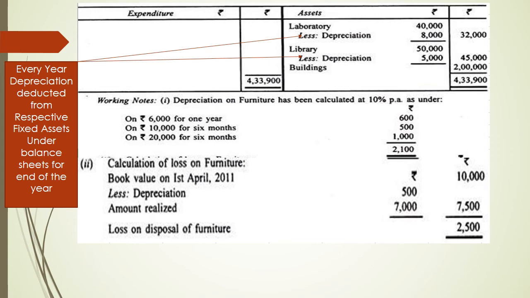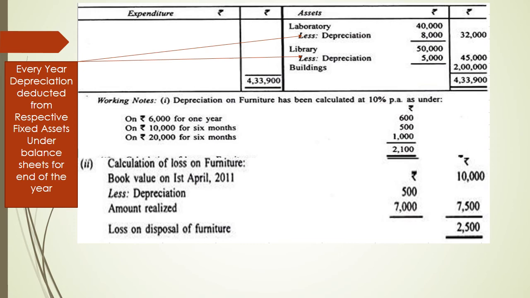According to that date, we have to work out how much amount is recorded for the 1 year, how much for the 6 months, and how much for the other 6 months. So we have derived three amounts: 6,000 for the 1 year, which should be maintained for the whole year; then 10,000, which is available only for 6 months; and next 20,000, available for only 6 months.